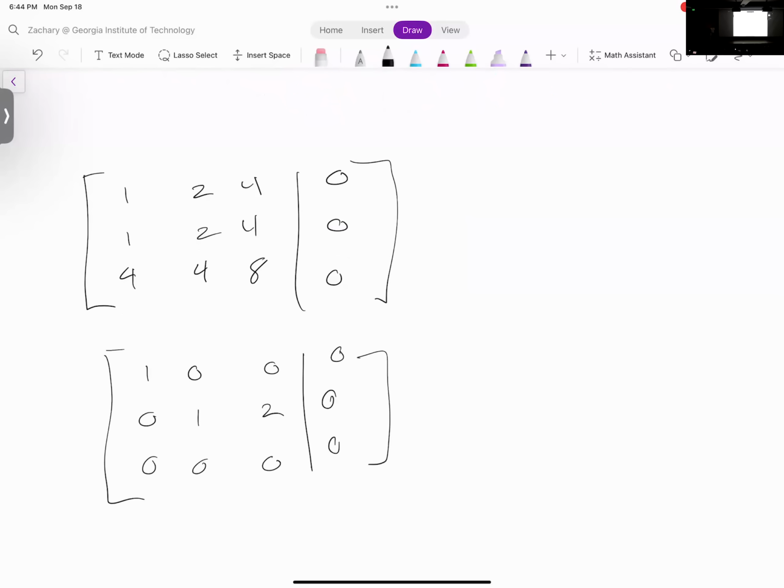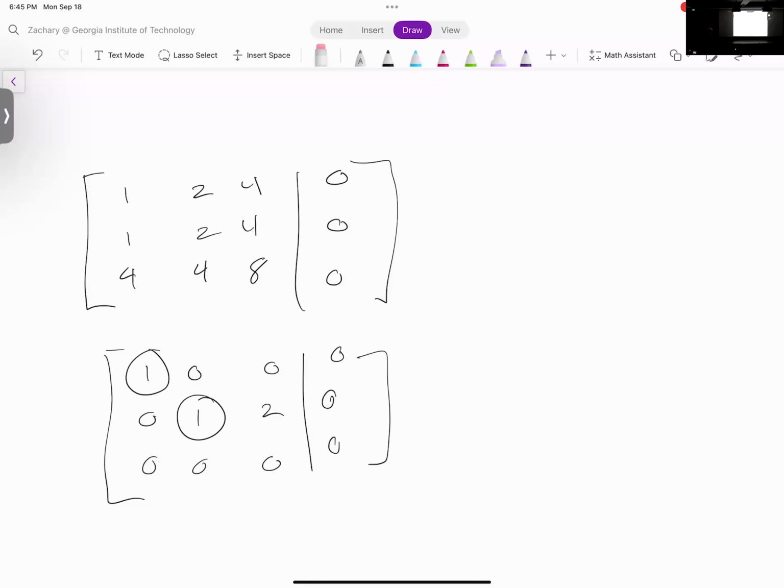Okay. So step 1, reduce to row echelon form, always. How many pivots do I have? 2. How many free variables do I have? So my span is going to be a plane, right? And I just realized that this is once again a 3 by 3, so I'm actually just going to erase this bottom row.